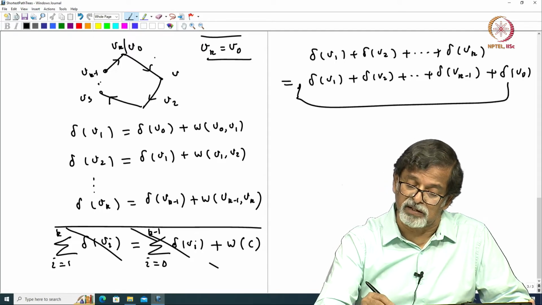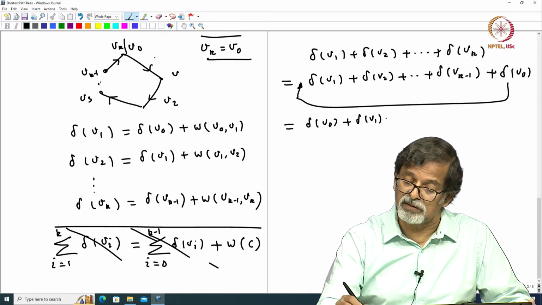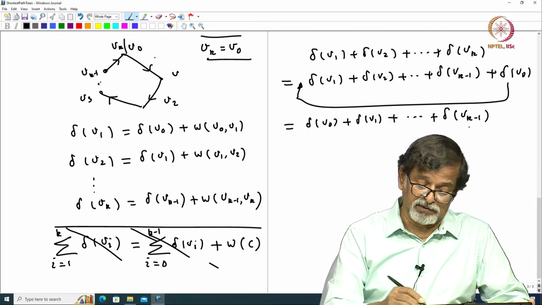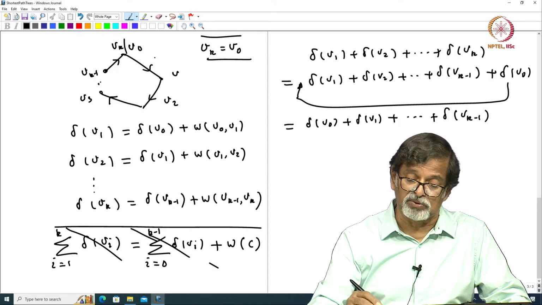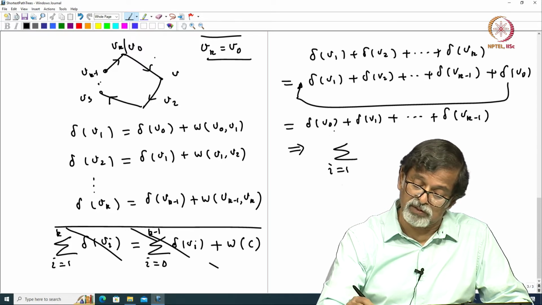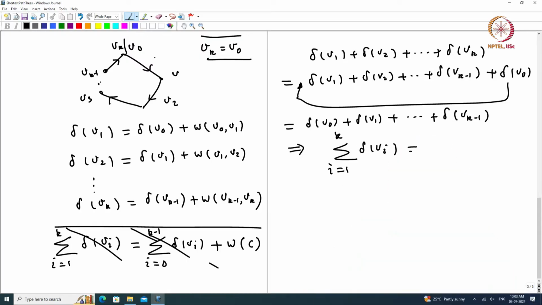Bring this V0 here, you see that this is delta V0 plus delta V1 up to delta Vk minus 1. So, that is what is there on the right hand side. This implies sigma i equal to 1 to k of delta Vi is the same as sigma i equal to 0 to k minus 1 of delta Vi. Both terms are the same values, so you can cancel them out.